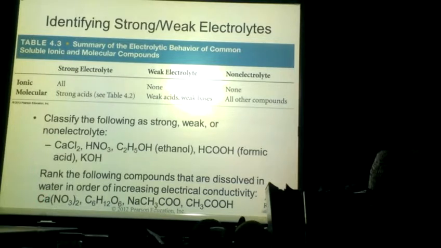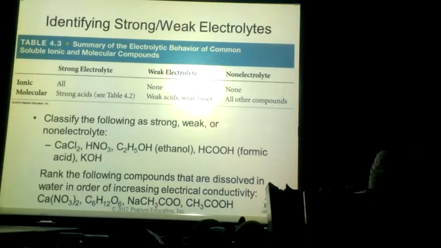Okay, so on this last one, let's rank the following compounds that are dissolved in water in order of increasing electrical conductivity. So I would have to determine what's going to be the strongest electrolyte, what's going to be the weakest electrolyte, and then what's going to be in the middle.